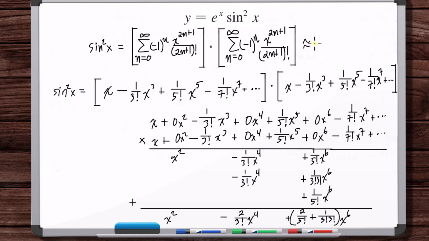So approximately, for the multiplication, we're going to use x squared minus, so 2 over 3 factorial is 2 over 6. That's 1/3 x to the 4th.